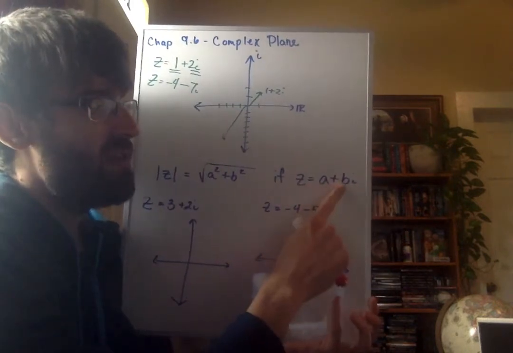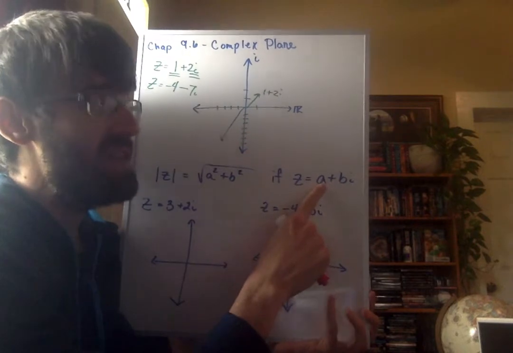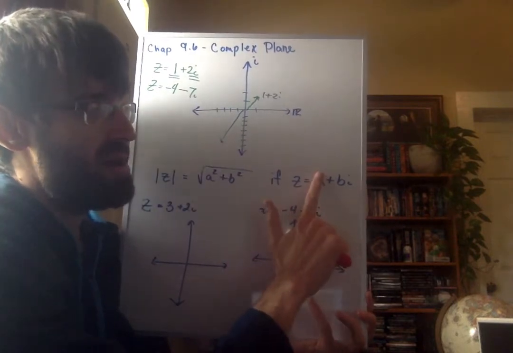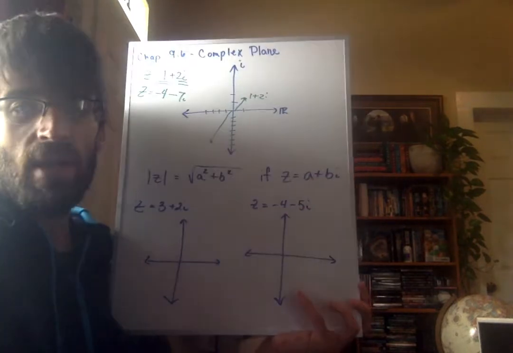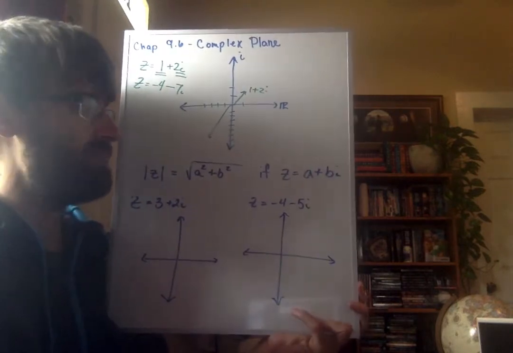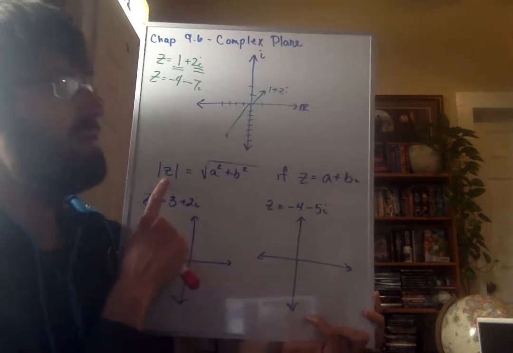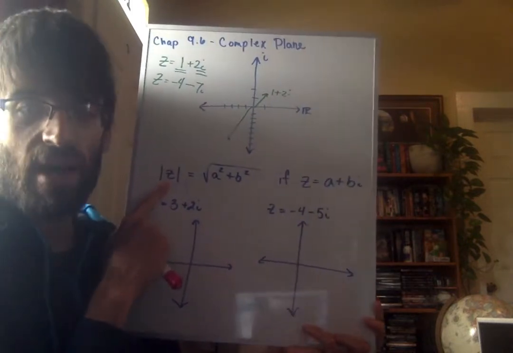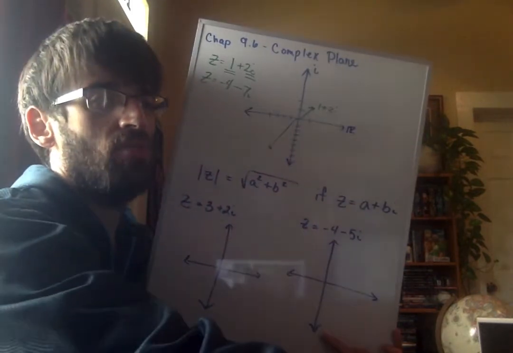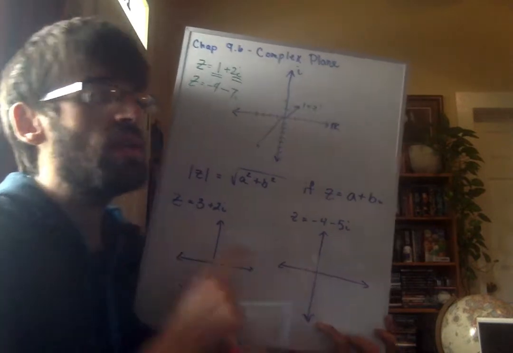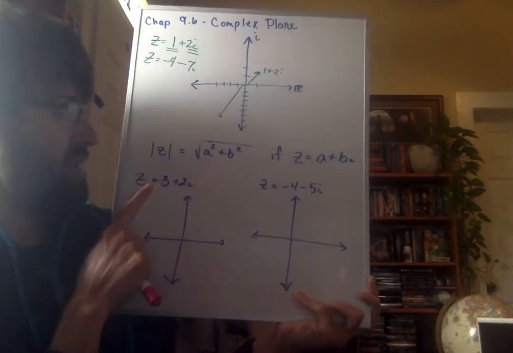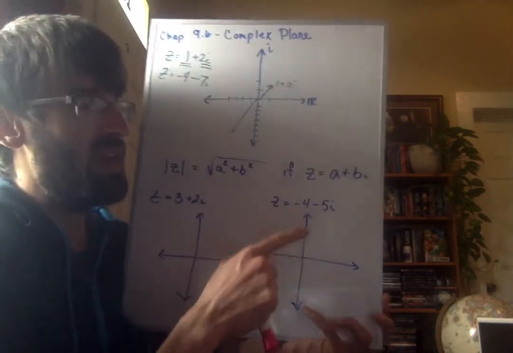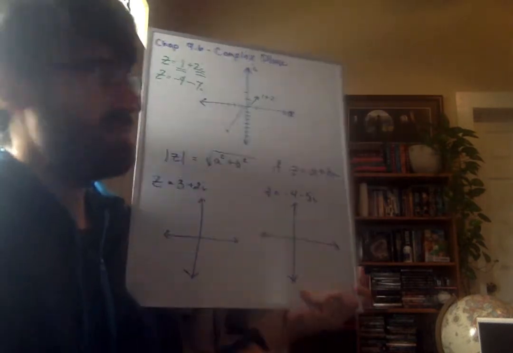Next, if a is 0, then I'm just going to have the imaginary part, and I call that a pure imaginary number. Now, one of the most important things is we have to find the absolute value. We also call it the modulus, it's the length of the vector.